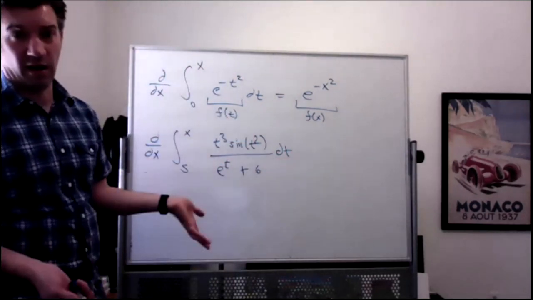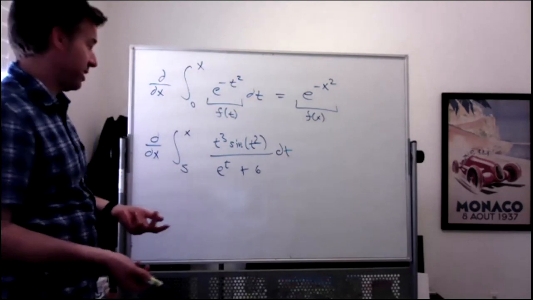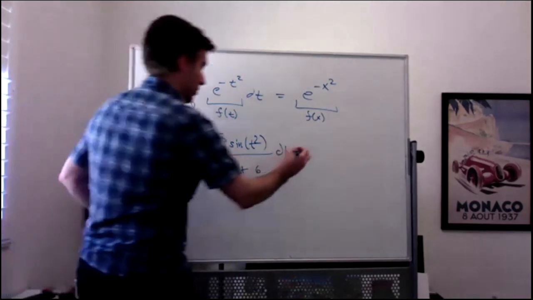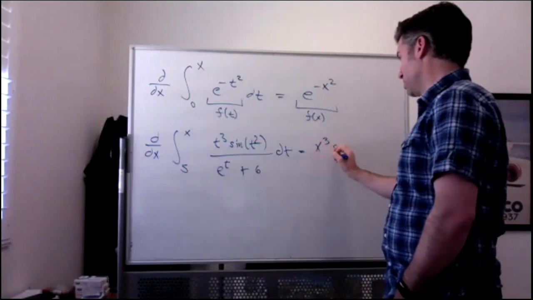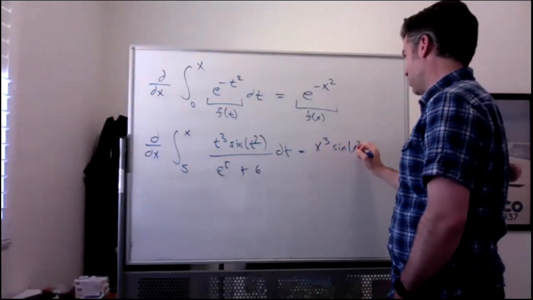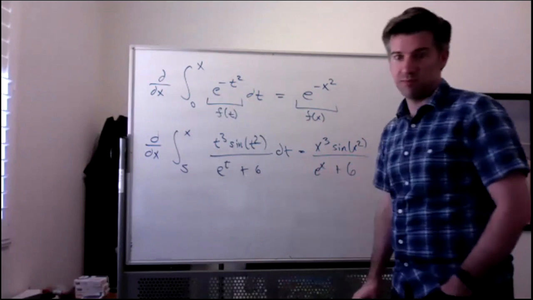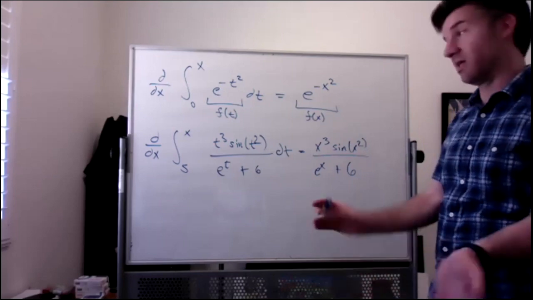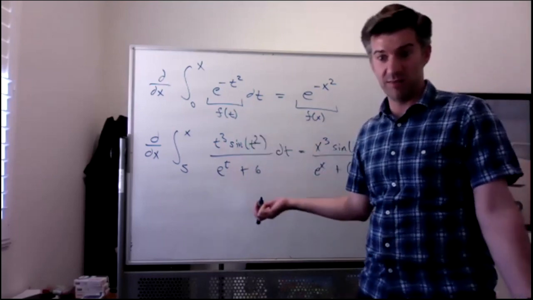It looks very complicated. I don't care, right? We're not being asked to integrate it. We're being asked to take the derivative of the integral, which we know is just this function. So here's our answer. It's x cubed times sine of x squared over e to the x plus 6. That's all there is. It feels almost kind of dumb, right? It's just, here's the thing, write the same thing with x's instead of t's.